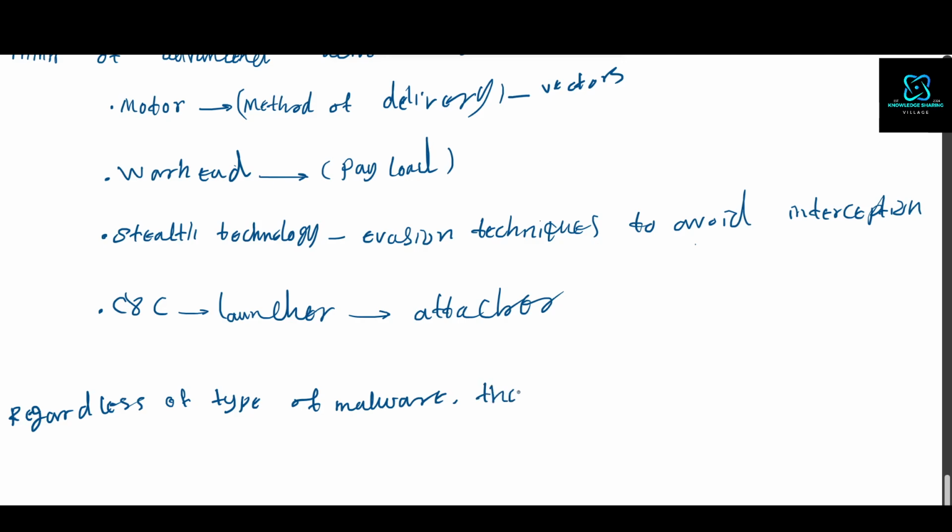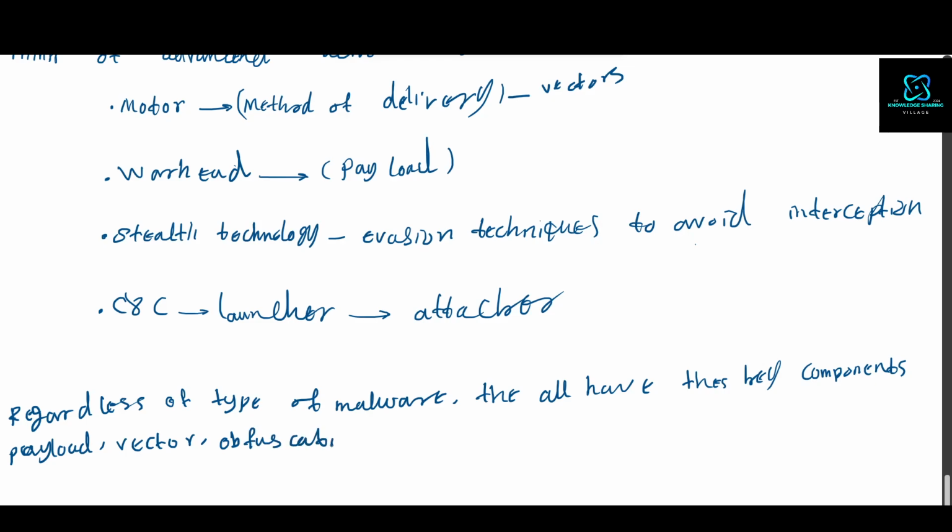They all have these key components: payload, vector, which is the delivery, then obfuscation technique, which is to avoid being detected.